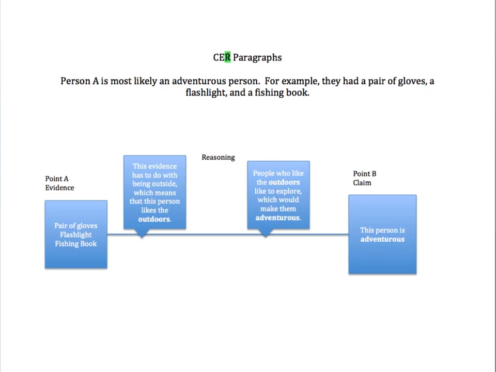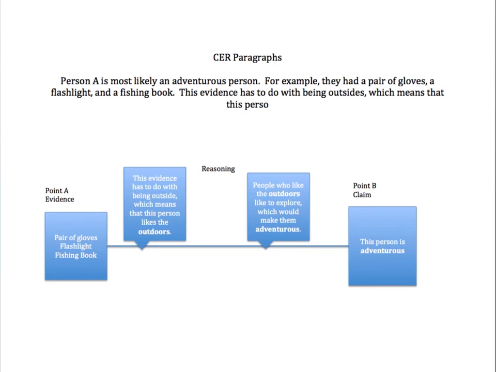Okay, and then now the R, that's my third sentence in the paragraph, is my two sentences here that connected point A to point B. So I would say, this evidence has to do with being outside, which means that this person likes the outdoors.